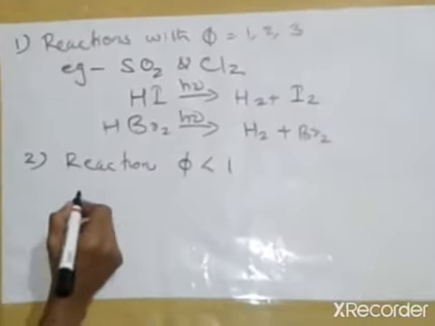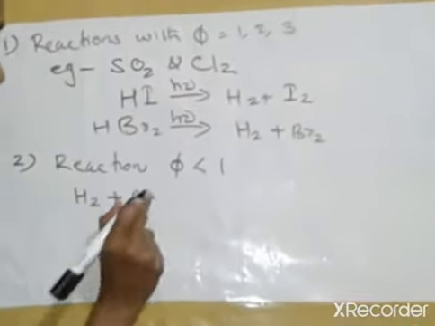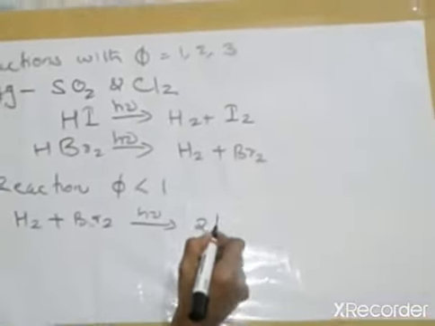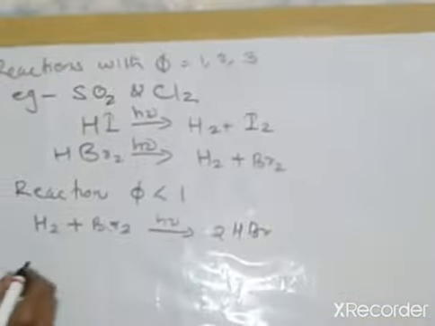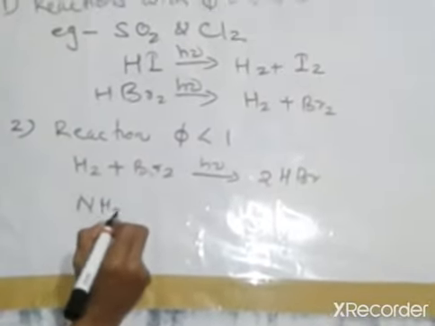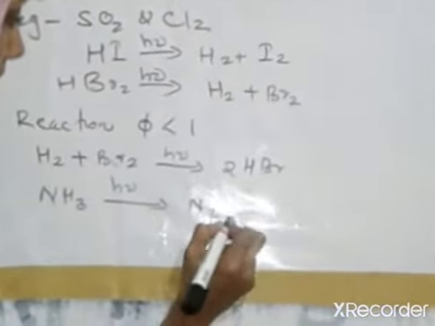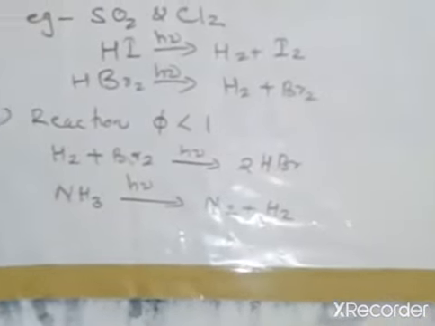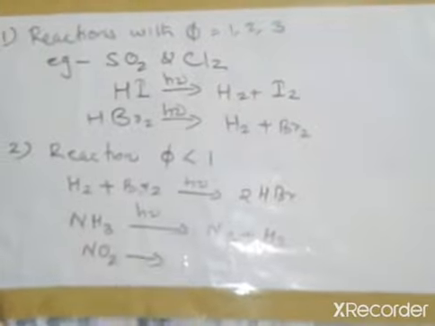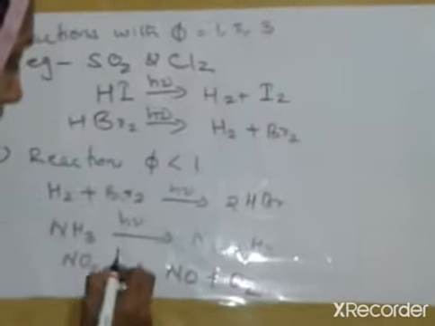Examples: the photochemical combination of hydrogen and bromine to give 2HBr, the decomposition of ammonia to give nitrogen and hydrogen, and the decomposition of nitrogen dioxide to give NO plus O2.